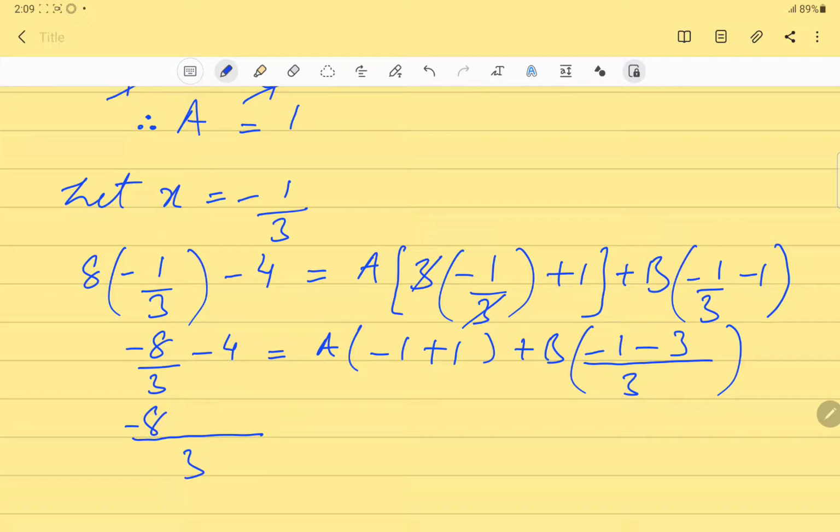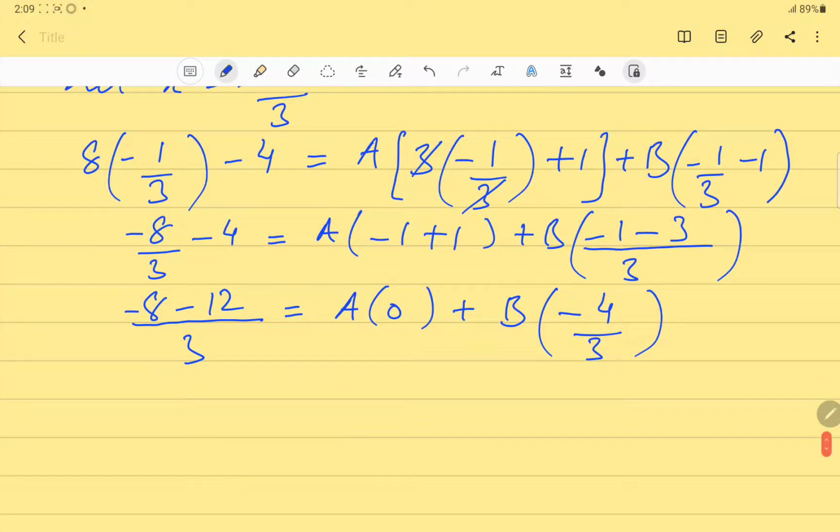Minus 8 minus 12 is equal to a into 0 plus b into minus 4 over 3. So we will have minus 20 over 3 is equal to minus 4 over 3 b.